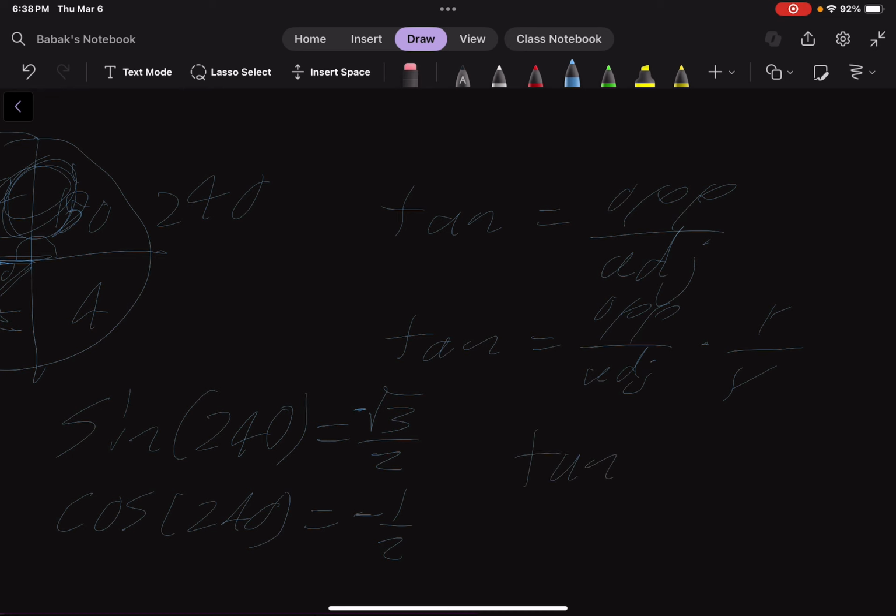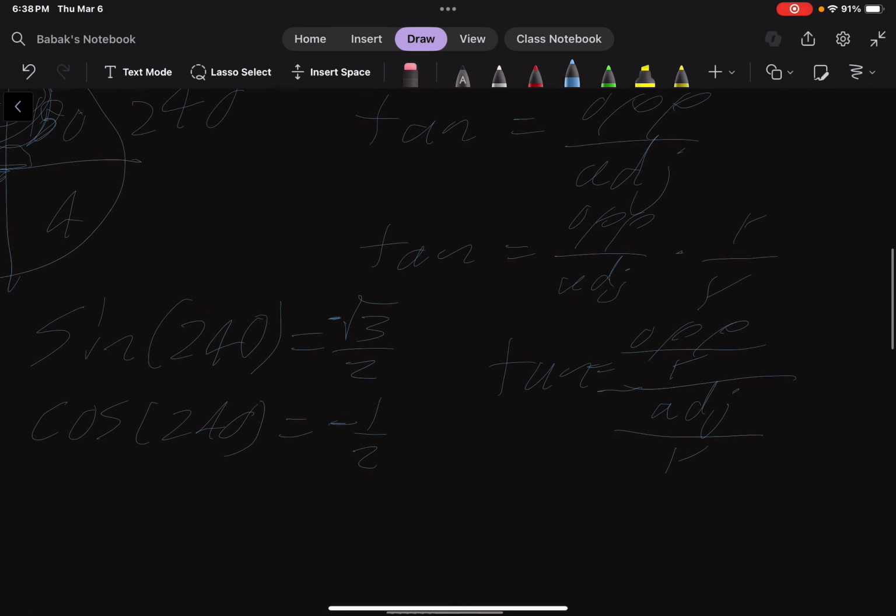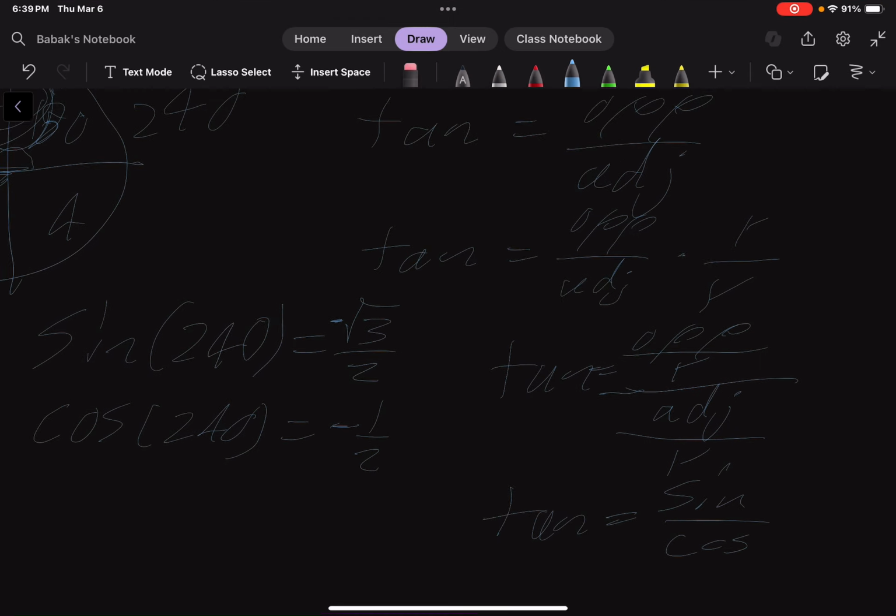Now, thus tan is equal to opposite over r all over adjacent over r. Now, if this reminds you of sine and cos, well, then you're correct. Therefore, we can see that tan is equal to sine over cos. I have neglected to put the theta or the brackets here, but it retains the same meaning.